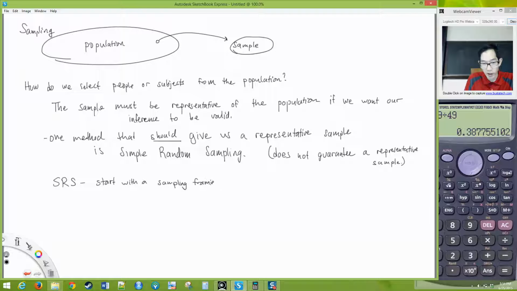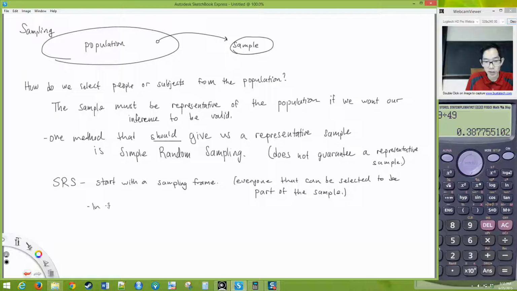The sampling frame is everyone that can be selected to be a part of the sample. Okay?